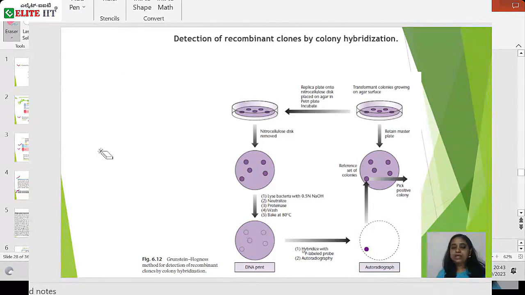Now, whereas if you consider the cDNA library, that means you have to make double-stranded DNA, and then insert it into different vectors. Nothing else. Different mRNA, different cDNA, and different double-stranded DNA. Now they can be inserted into the vector, so you can get a lot of cDNA recombinants.